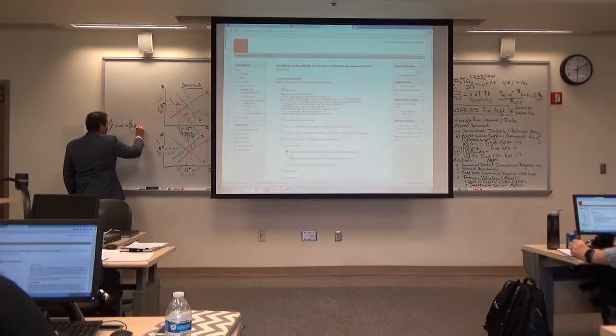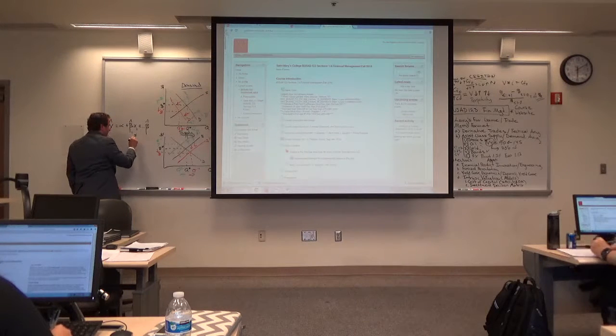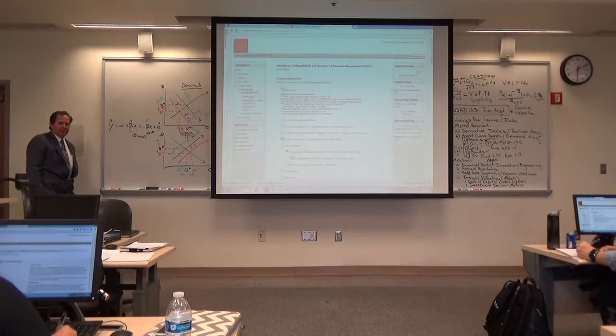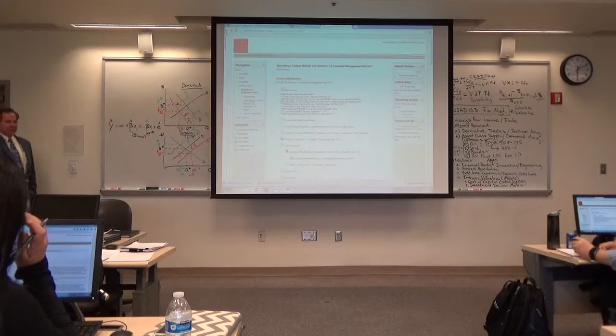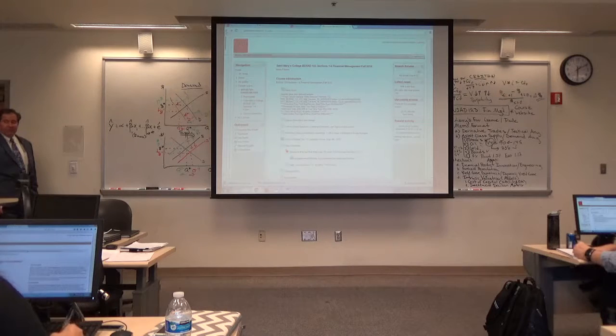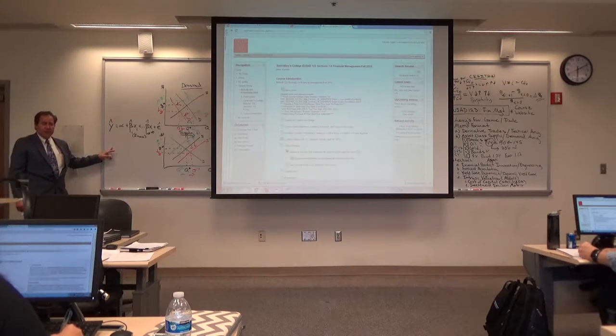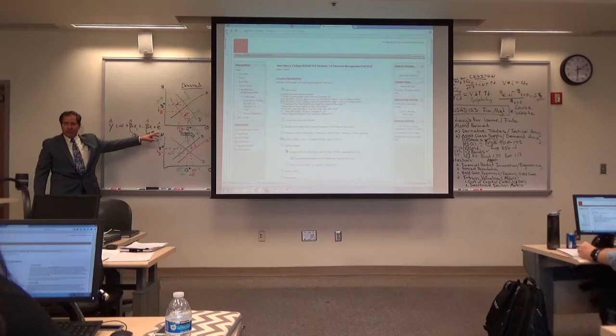And remember, you don't want to have more than 5 variables in the model, so max 5 variables. Because you're limiting the number of variables, you're not going to have all the variables in the model that may be affecting the dependent variable. So that's going to be captured by your error term.